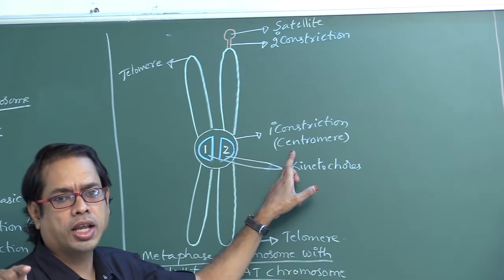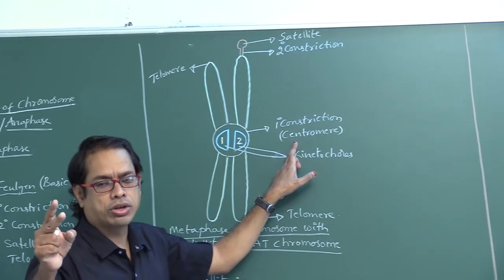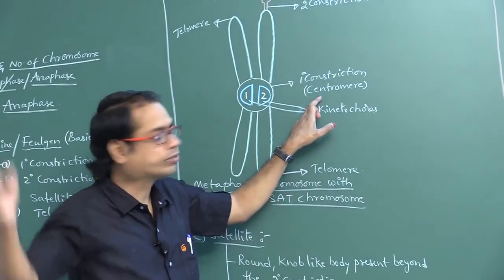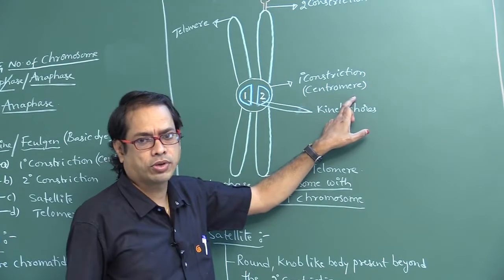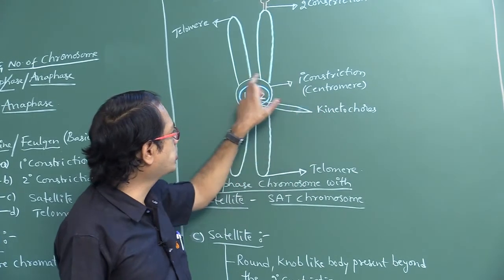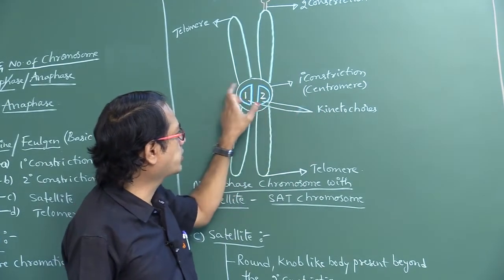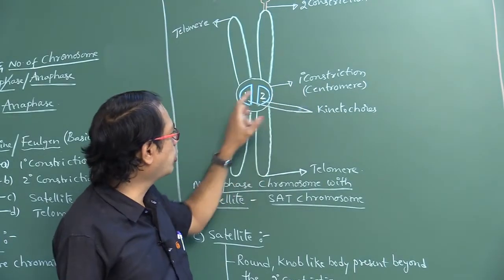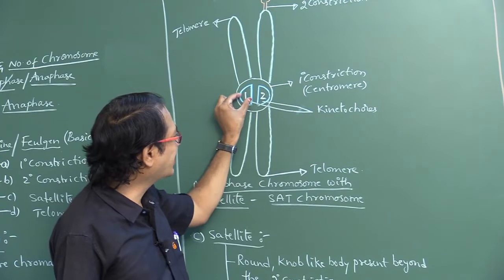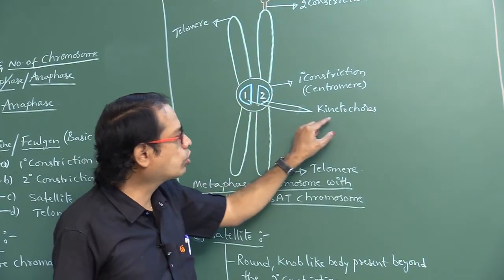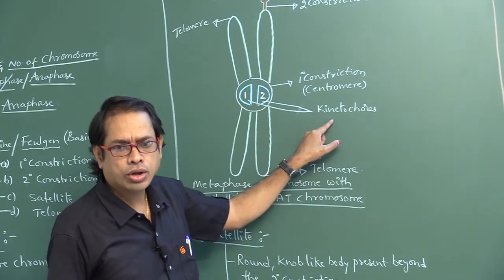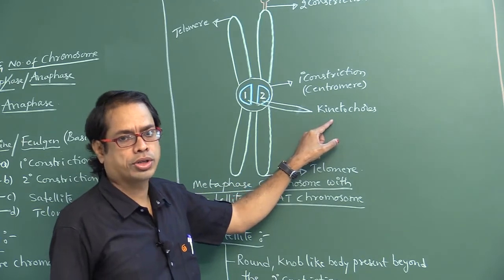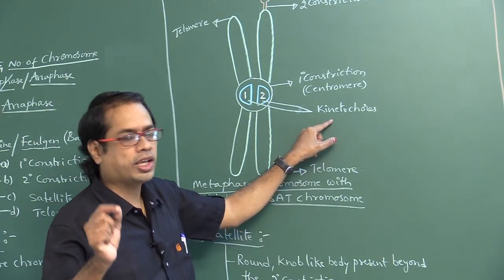Centrosome is an organelle having 2 centrioles. That is centrosome. This is centromere. Inside the centromere, 2 disc-like structures called kinetochores are present. How many kinetochores? 2 kinetochores. The shape of kinetochores is disc-like.